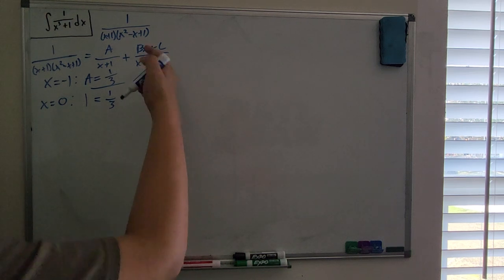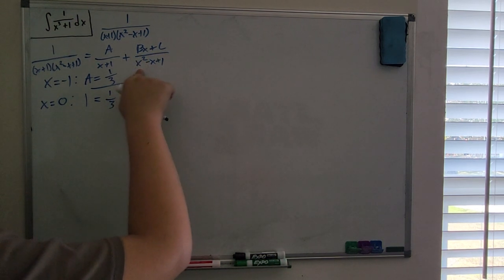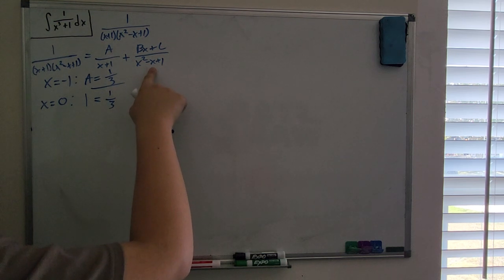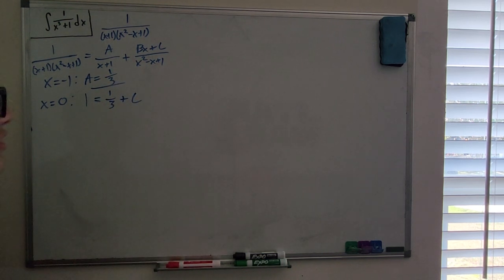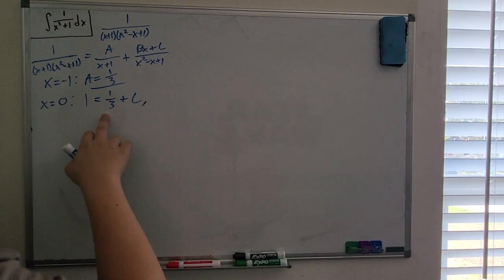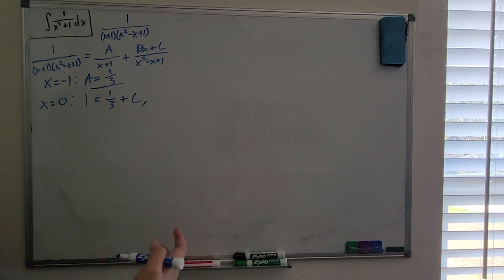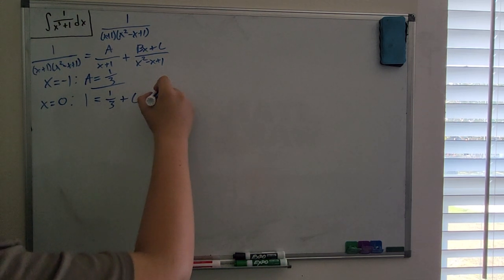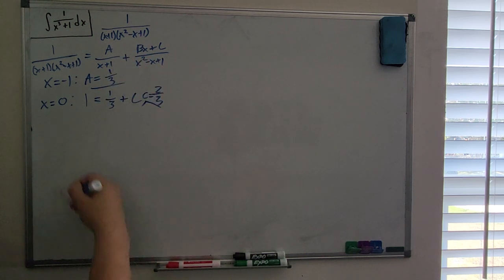And then that's 0, so it'll just be C. Plug in 0, that'd be 0 minus 0 plus 1, so it'll just be the same thing, so it'll just be plus C. Now all you have to do is solve for C. This should be simple. You have to subtract 1/3, which will just be 3 minus 1, which will just be 2. So this would be 2/3. So our C is 2/3.